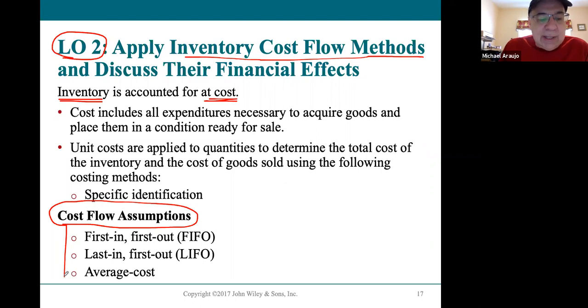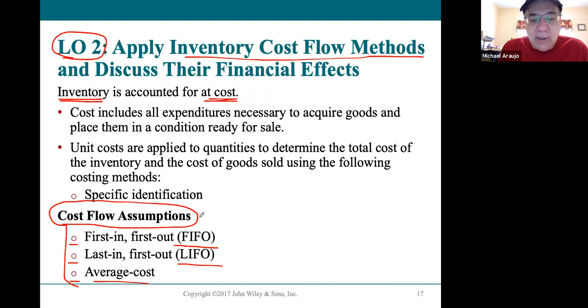The choices most businesses follow are in the last three categories at the bottom of the slide here. They're either going to use the FIFO method, first in, first out; the LIFO method, last in, first out; or something called average cost.